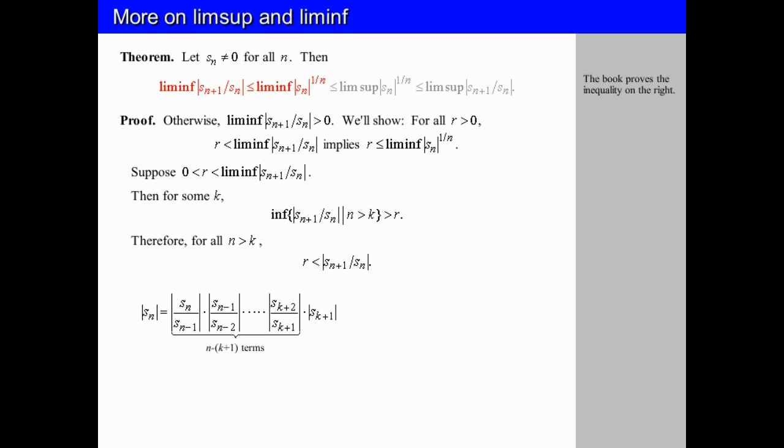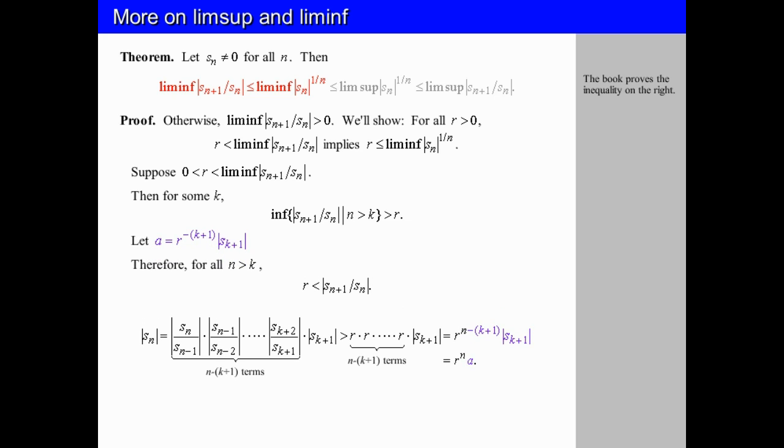We have n minus k plus 1 fractions, and each is greater than r. So this is greater than r to the n minus k plus 1 times the absolute value of S sub k plus 1. Let a denote r to the negative k plus 1 times the absolute value of S sub k plus 1. Notice that a is greater than 0.